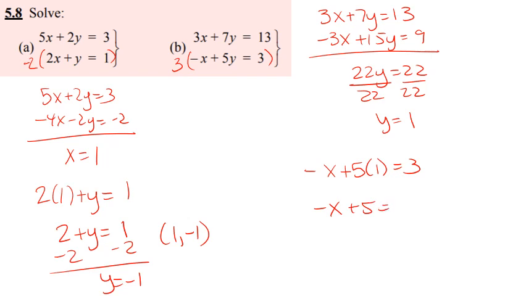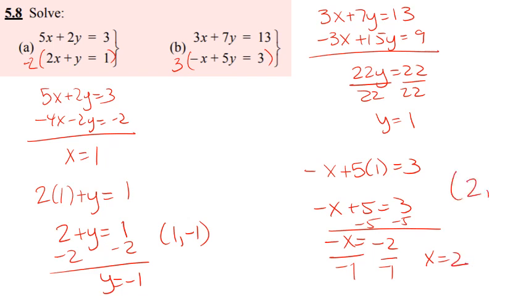And then solve for x. Oops, subtract 5. And then that's -2, divided by -1. X is equal to 2. So then my answer is 2, 1. We got y first, so if you do it this way, which is writing in coordinate form, make sure you put x first.